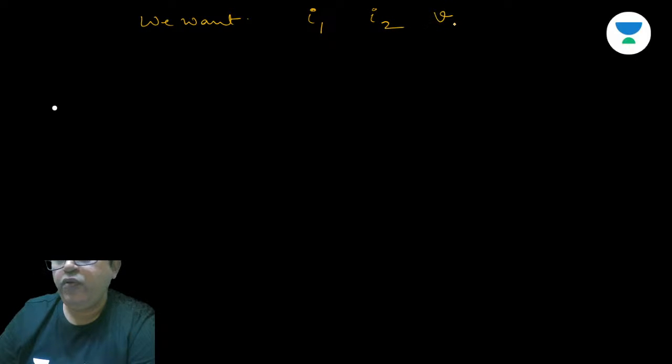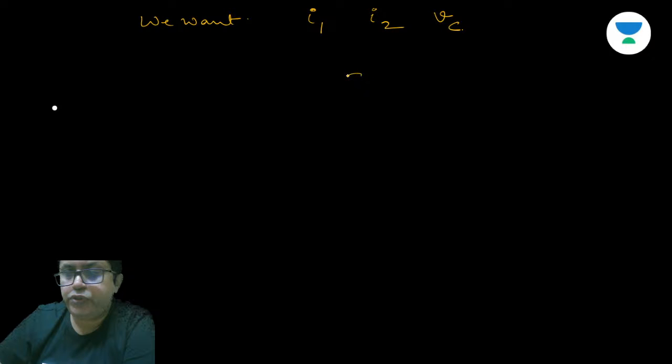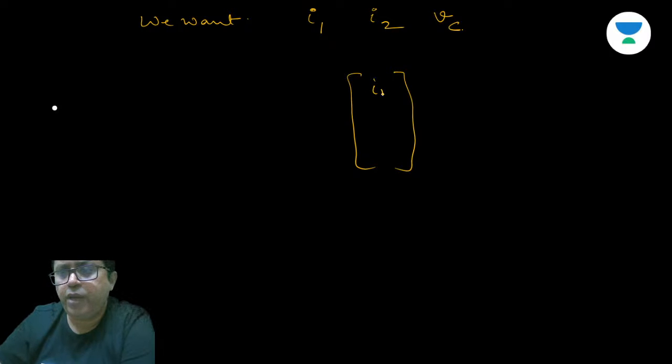Output. What is the output of this? We want I1 as the output, I2 as the output, VC as the output. So we want three outputs: I1, I2, VC, rather three states.